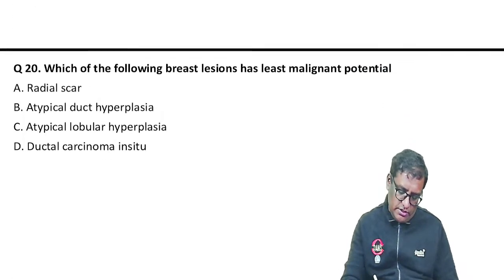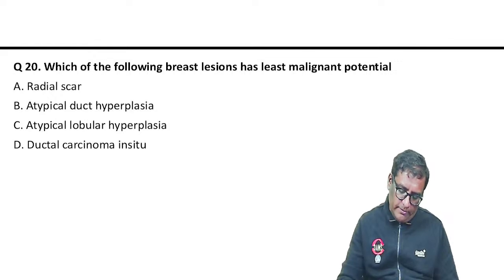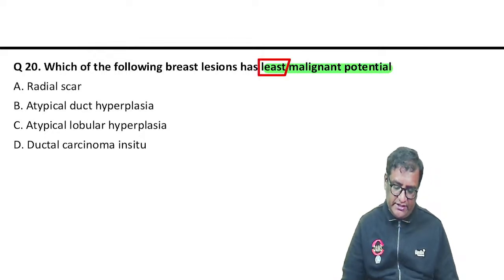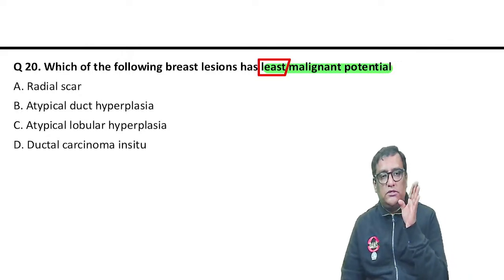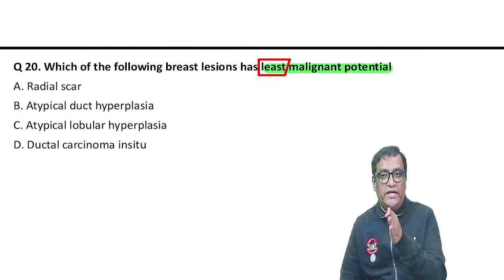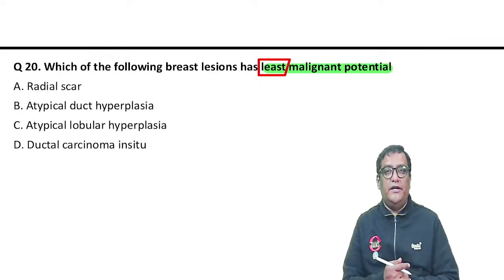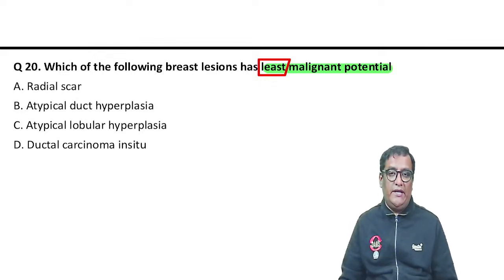Next, question number 20. Which of the following breast lesions has the least malignant potential? Look at the question, the examiner is asking which has the least malignant potential. If you remember, we divided the breast lesions into three types: non-proliferative lesion, proliferation without atypia, and proliferation with atypia.